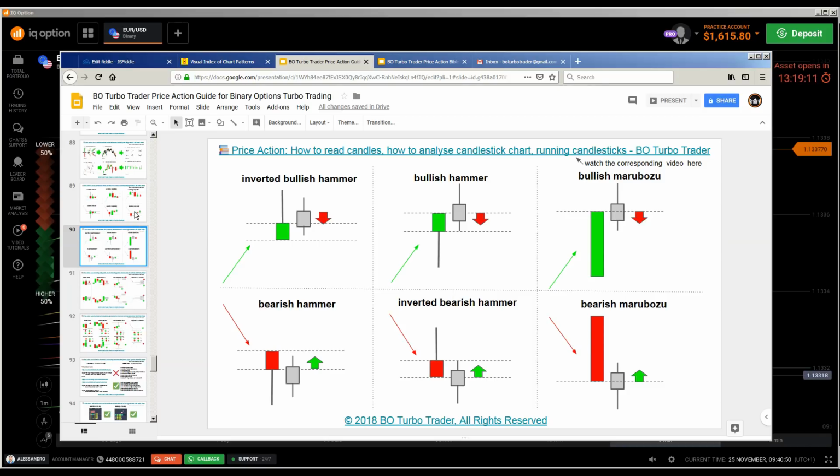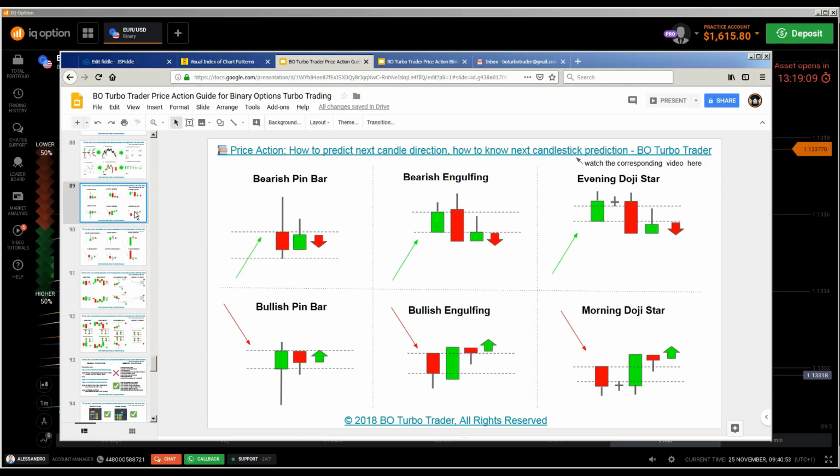And then obviously this one here too, which is trend continuation. You have a bearish engulfing candle. What is this bearish engulfing candle telling you? That a downtrend will start. If the next candle is not a bullish one, that means the next candle will most probably be a bearish one.